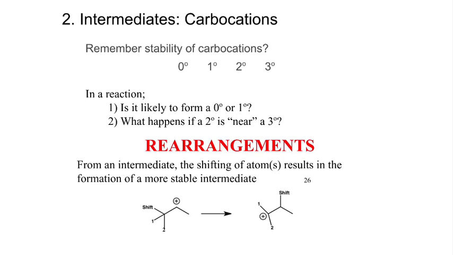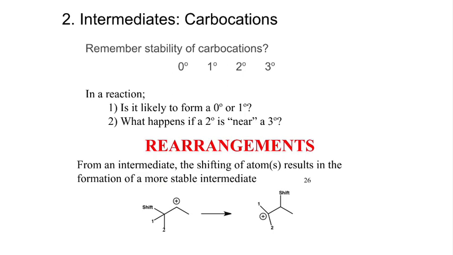So what our structure will try to do is rearrange the atoms around it so that it can make a more stable carbocation. That rearranging of atoms, understandably, is called a rearrangement. So if I somehow formed a secondary carbocation, and I look next door, and there's, say, 3 carbon atoms next to it, what I could do is take the electrons in that bond with the atom, and I could move it.